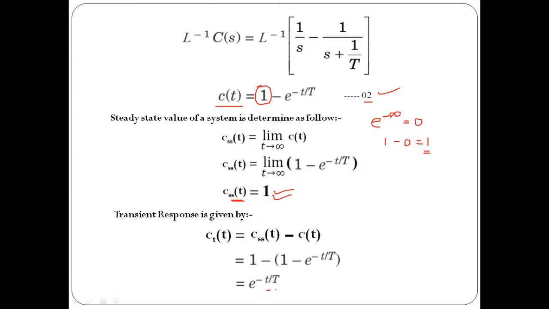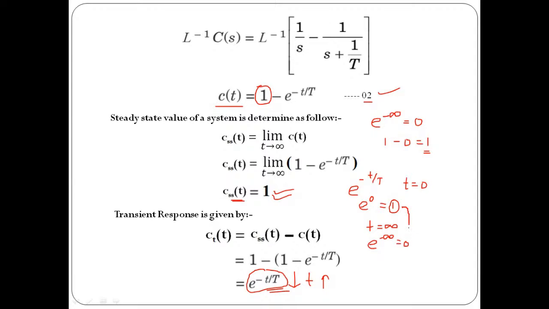From this, it is very clear that the moment we increase the value of t, this particular function is deteriorating. The expression for the transient response is e to the power minus t by capital T. At t equals 0, this is e to the power 0, which is nothing but 1. And the moment you increase the value of t, it becomes e to the power minus 1, minus 2, minus 3, or if you put t as infinity, e to the power minus infinity is going to be 0.